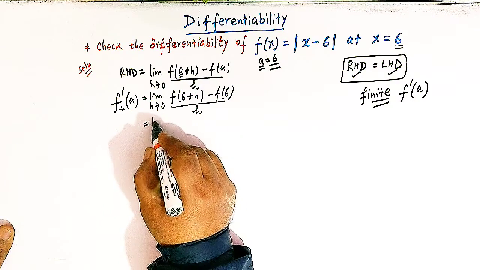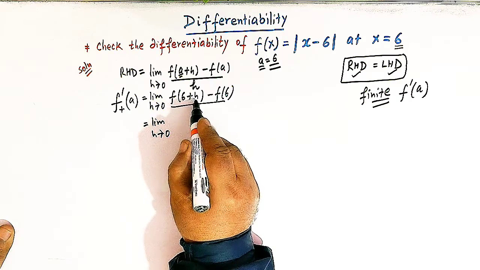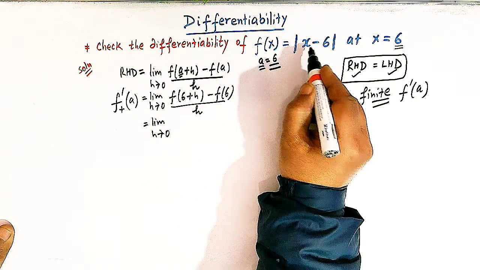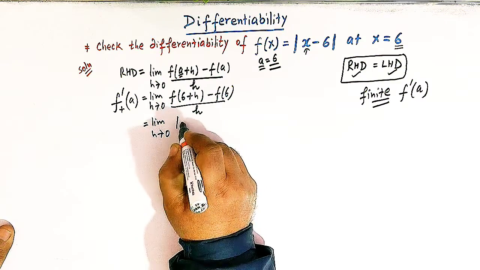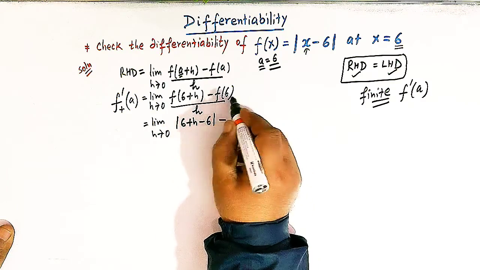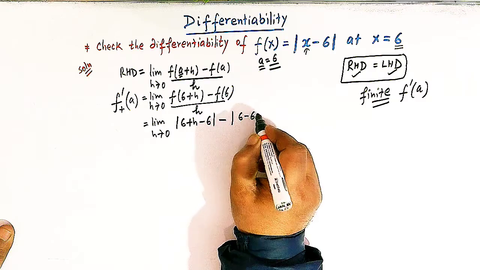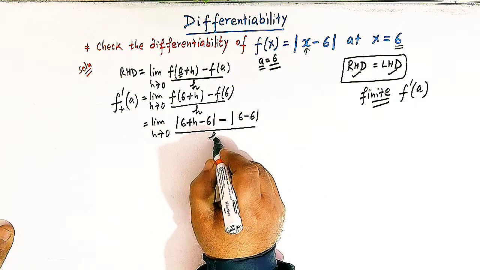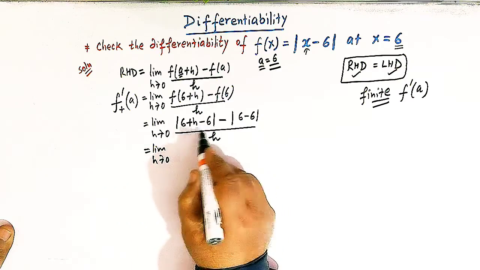So now we have limit h tends to 0. Now f of 6 plus h can be obtained by replacing this x by 6 plus h. So we have mod of 6 plus h minus 6, and f of 6 is mod of 6 minus 6, and here we have h.